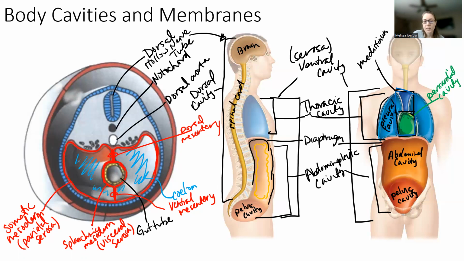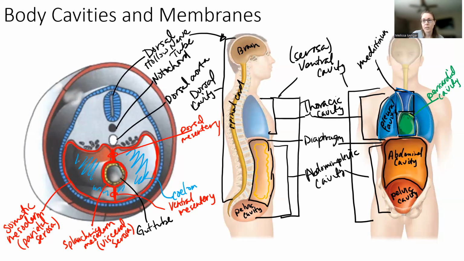But what you kind of see is that the parietal peritoneum is only going to be in the abdominal cavity lining our body wall. And then our pelvic cavity doesn't have that. So everything inside of the pelvic cavity is pretty much retroperitoneal, which means it's back behind the parietal peritoneum. Okay. That includes the bladder and the rectum, and even for women, the uterus.